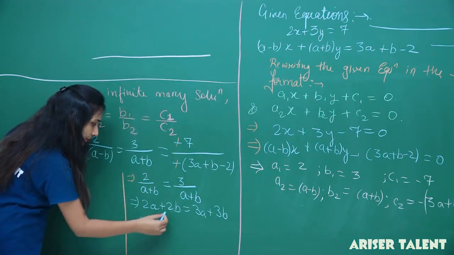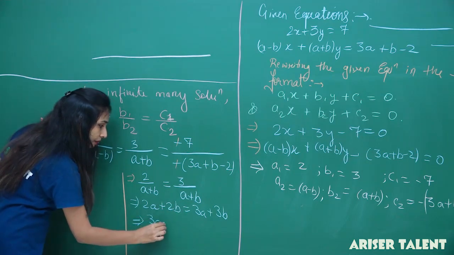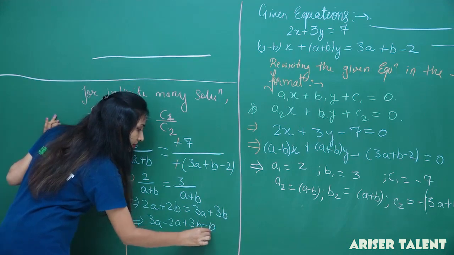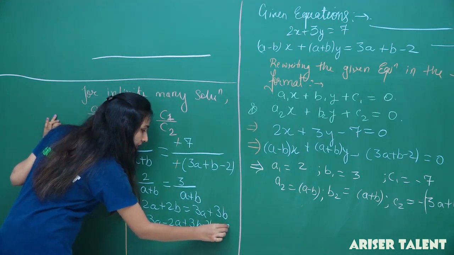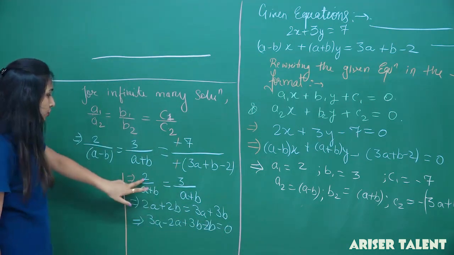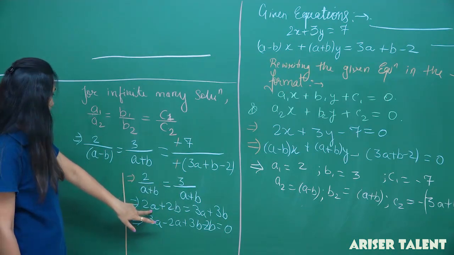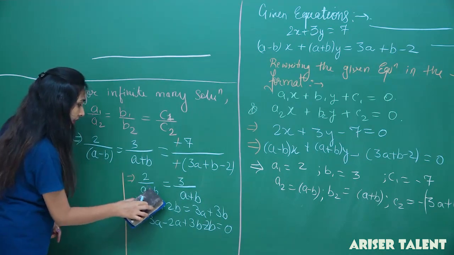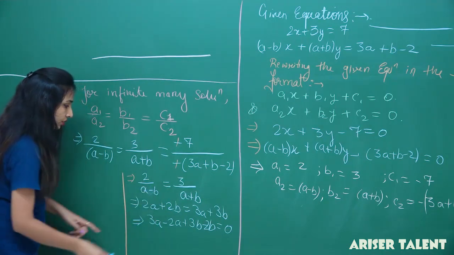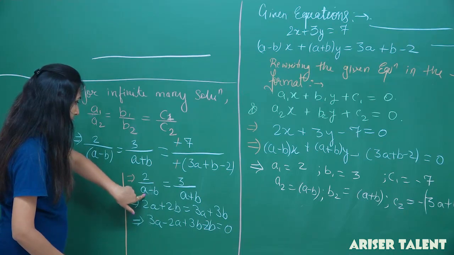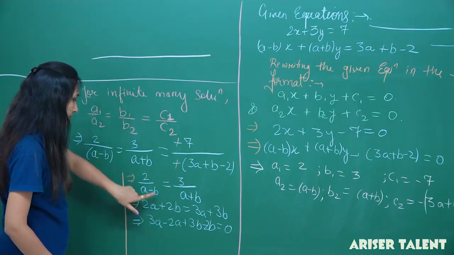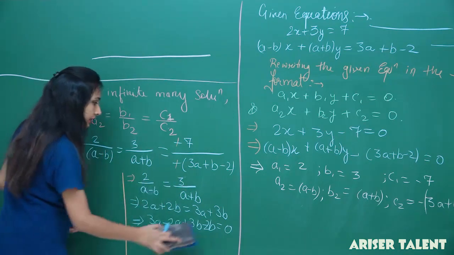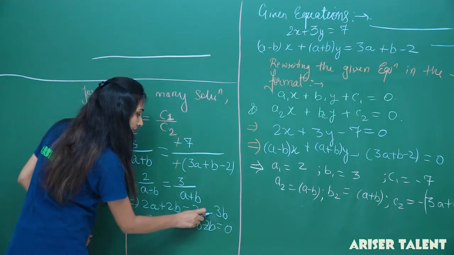That will give you 3a minus 2a plus 2b minus 2b equals 0. That is 2a plus 2b, this is minus here, right, this is minus. So when that goes, 3a minus 3b, right, here that will be 3a minus 3b.